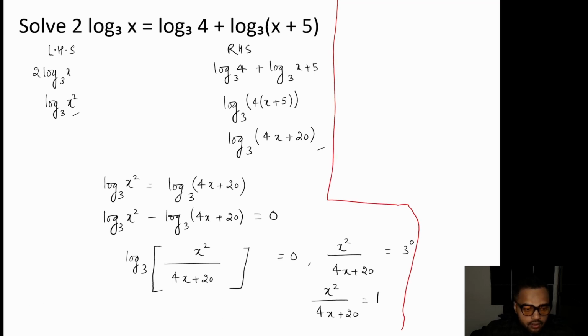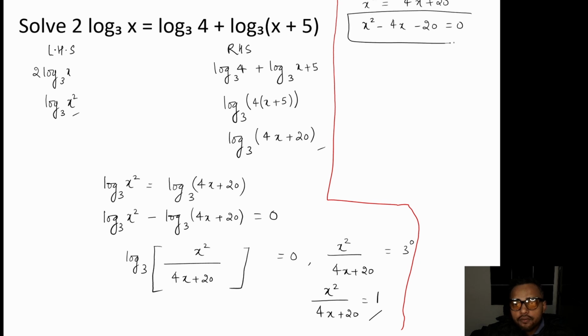On calculating it further, students, what we'll get, x square equals, I'm doing the cross multiplication here, 4x plus 20. So this could be written as x square minus 4x minus 20 equals 0. From here it is easy to solve.